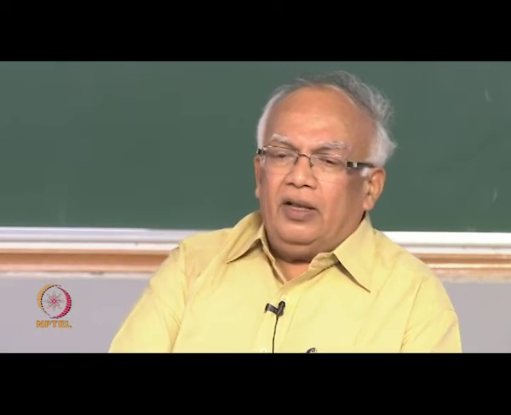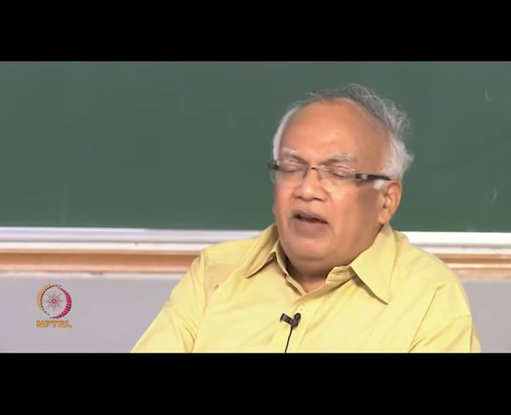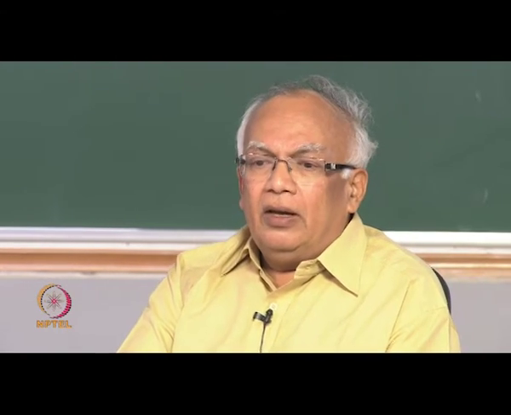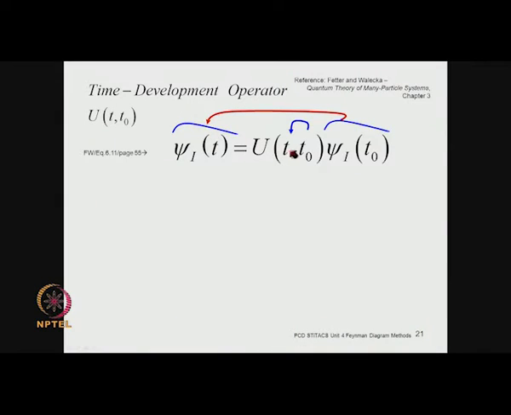All right, let us study the time development operator now. What the time development operator does is it gives you the wave function at a later time t from an earlier time t0.